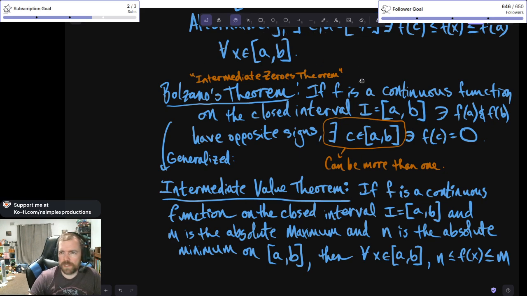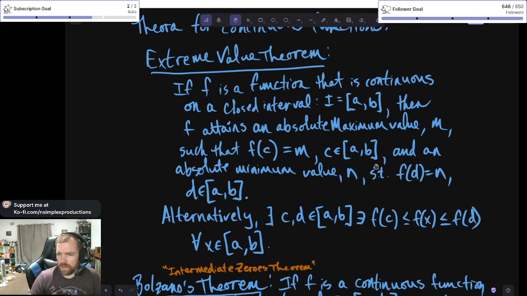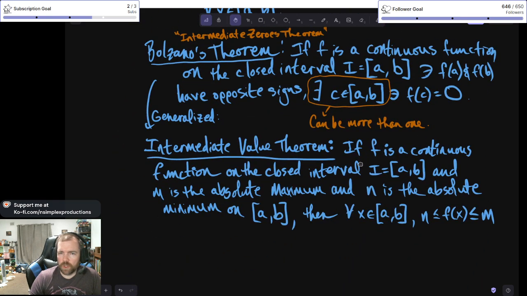I think that's how I assigned it up above. Maximum m, minimum n. Yep. Cool.